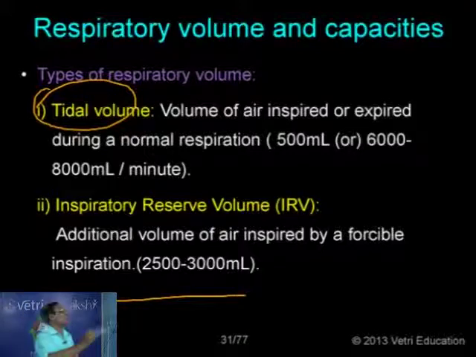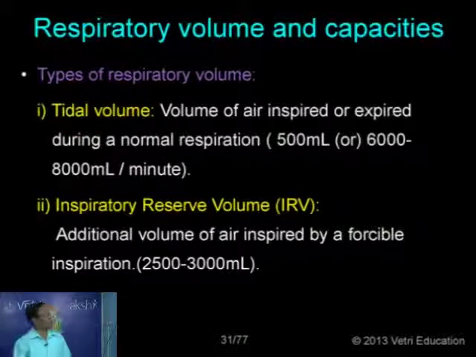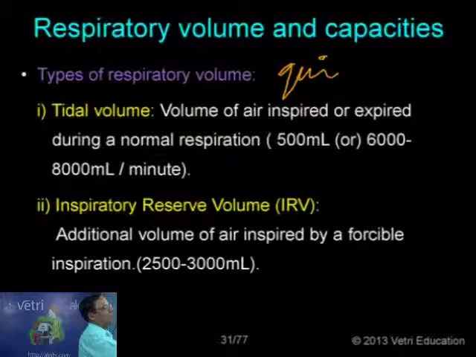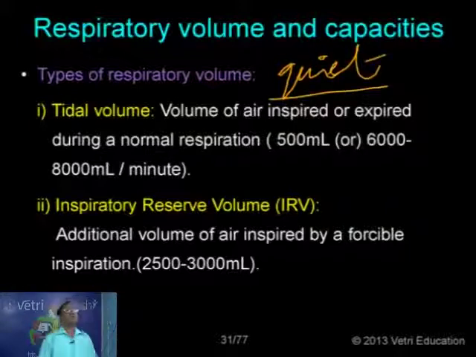Now we have to know some definitions related to respiratory volumes and respiratory capacities. First, what do you mean by respiratory volume? There are four types of respiratory volume. The first one is tidal volume. We also need to know what dead space is. What is tidal volume? When a person is sitting during quiet respiration, not doing any work, the amount of air that is inspired or expired during quiet or normal respiration is known as tidal volume.